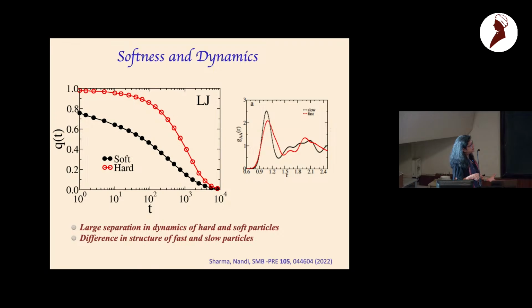We also see that particles which are fast have less well-defined structure, the red ones, whereas particles which are slow have more well-defined structure. They are not identical. Here I've picked particles which are in deeper caging potential, and here I'm just taking fast particles and looking at the structure, but this shows that the picture is consistent.